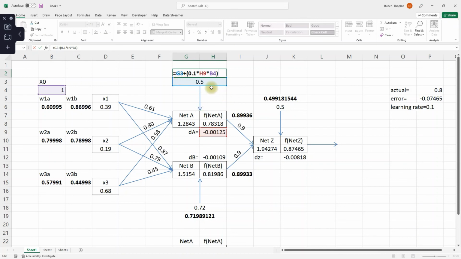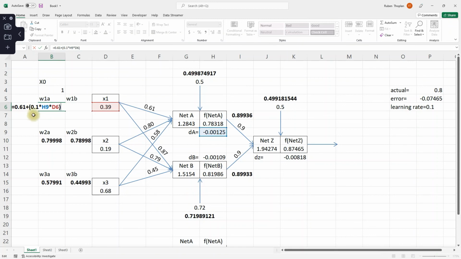So you take the current weight, which is 0.5, plus 0.1 times delta A times the input from node 0 to A. If you want to update the 0.61, that is W1A, to update that, this is what I wrote here in the formula.